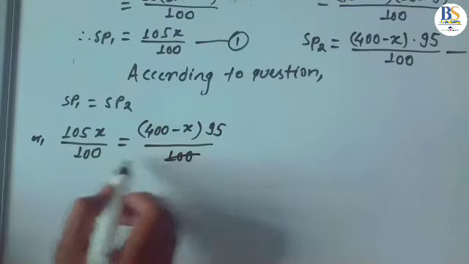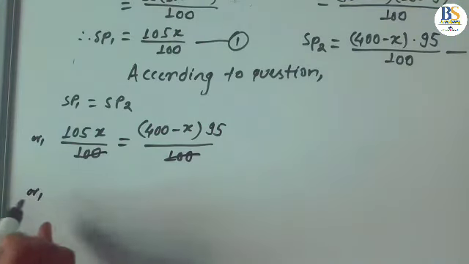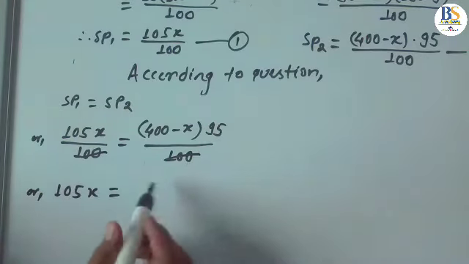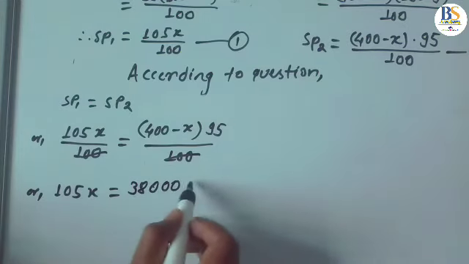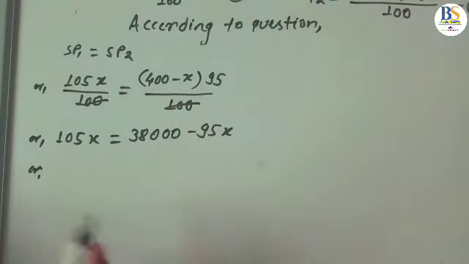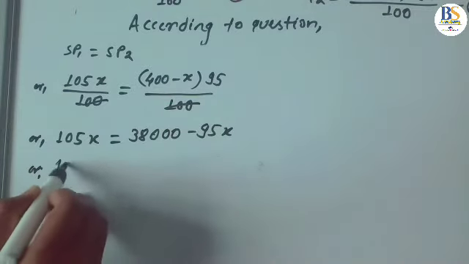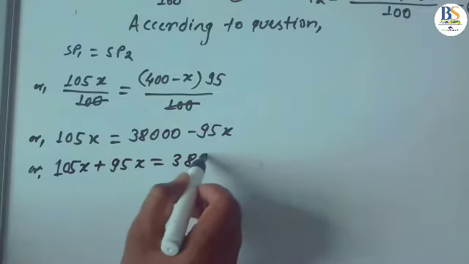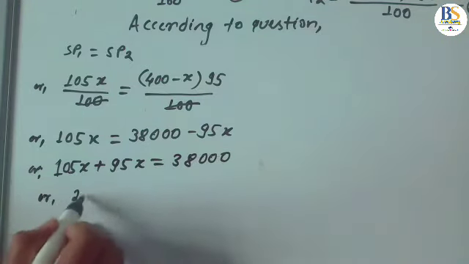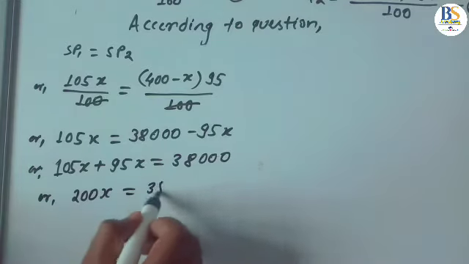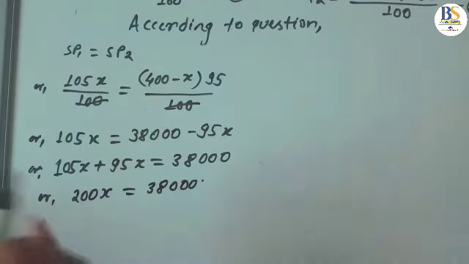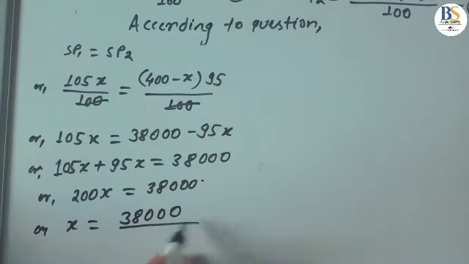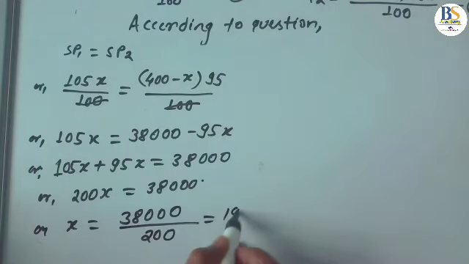The 100 cancels out. 105X equals 95 times 400, which is 38,000, minus 95X. Arranging like terms, 105X plus 95X equals 38,000, so 200X equals 38,000, or X equals 38,000 divided by 200. This equals 190.